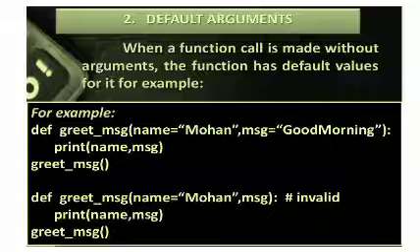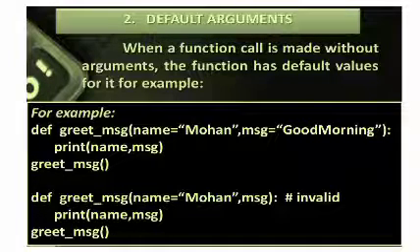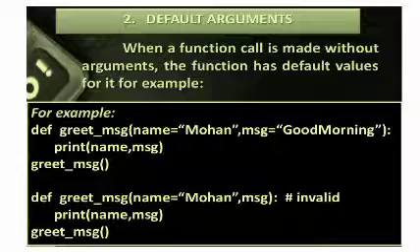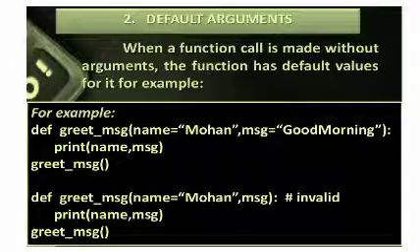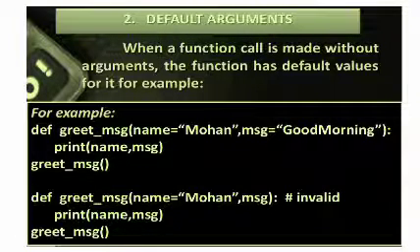Right to left: the left side is defined before, but the right side argument does not contain any default argument. Here the procedure of passing the argument is invalid, so it generates an invalid message.